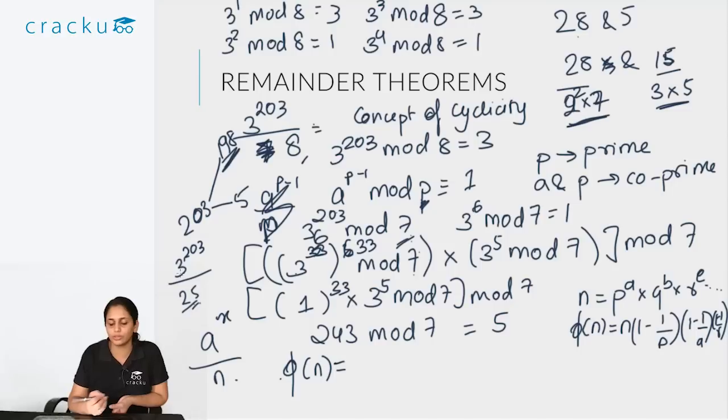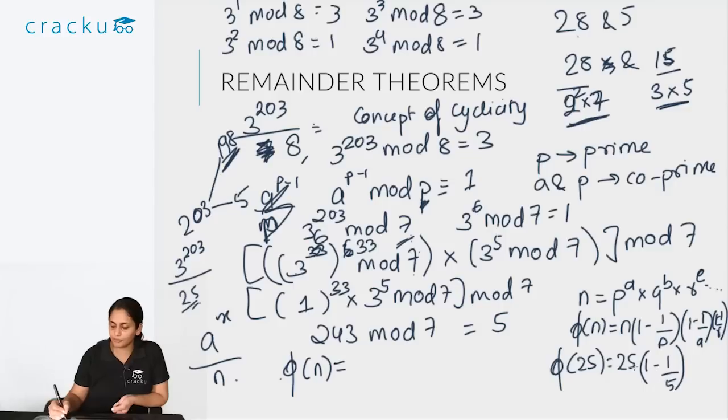So then I can use Euler's function. 25 I can write as 5 squared. So phi of 25 will be 25 into (1 minus 1 by 5). So 1 minus 1 by 5 is 4 by 5, so this is equal to 20. So essentially, the Euler's totient function value of 25 is 20. Now I have found the Euler's totient function.